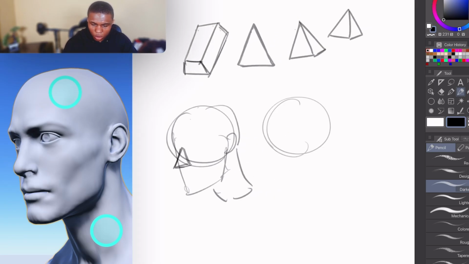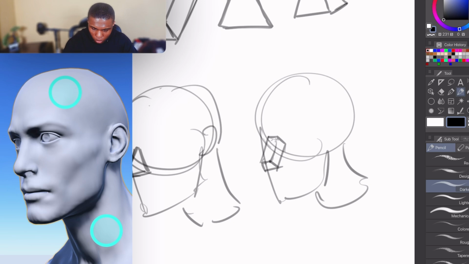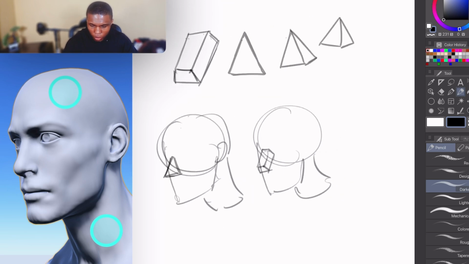Or I could just use this other shape and place it over here like this, and I've gotten his nose, and then I could go on and detail from there.